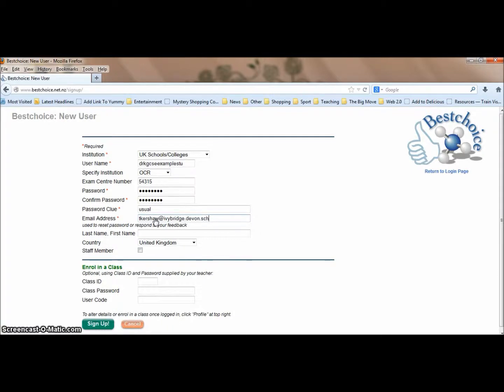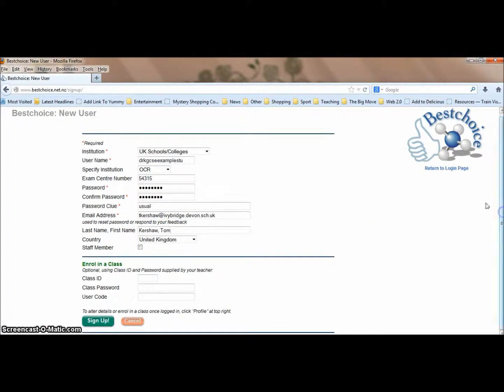That can be a personal address or your school one, whatever's your preference, and then stick in your name, so Kershaw, followed by John. Please put in your correct name so I know who you are, don't just make something up. Country, United Kingdom, you're obviously a student, so we don't tick that, and I'm going to pretend to be a student here for the purposes of this.